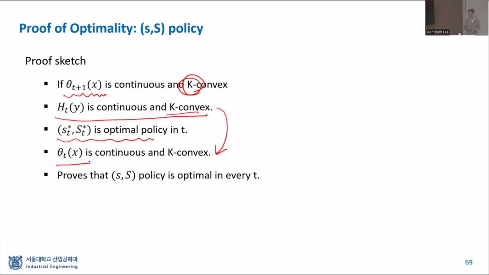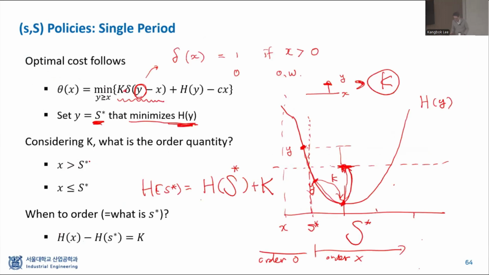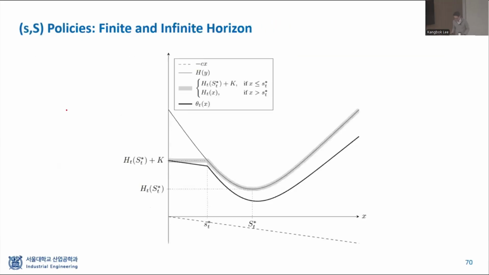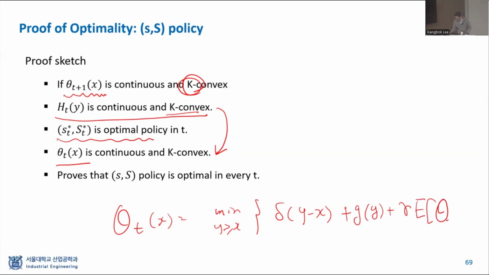And more importantly, theta t, which is defined by this, I'm sorry. My theta t x is the minimum over y greater than x of K delta y minus x plus g y plus gamma E theta t plus 1 y minus d, minus cx. So this theta continues to be K convex.